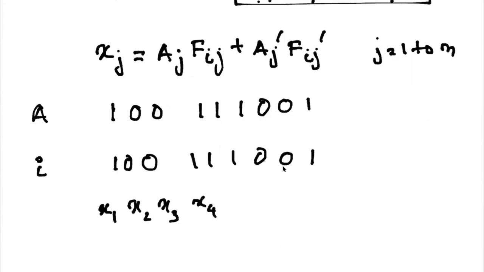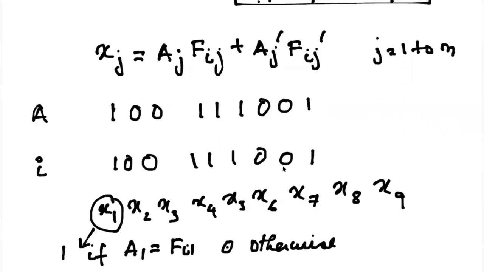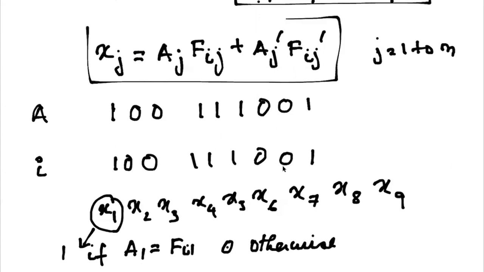So I'll have x4, x5, x6, x7, x8, and x9, because it's a 9-bit word. So what is x1? X1 is 1 if A1 is equal to Fi1, and 0 otherwise.